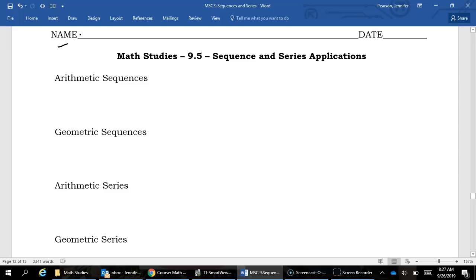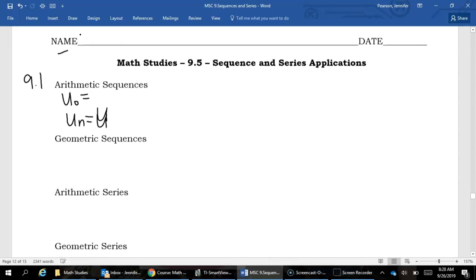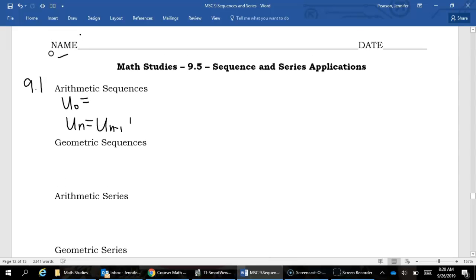So in lesson 9.1, we talked about arithmetic sequences. The recursive formula for an arithmetic sequence looked like that. If we needed to calculate the difference, we could take the second number and minus the first number.